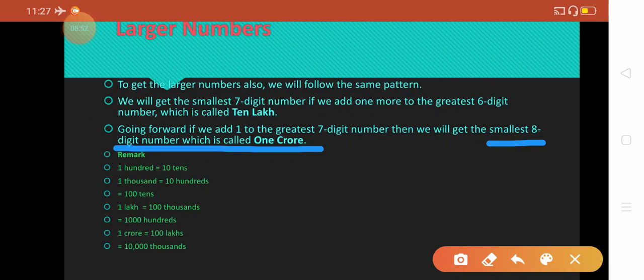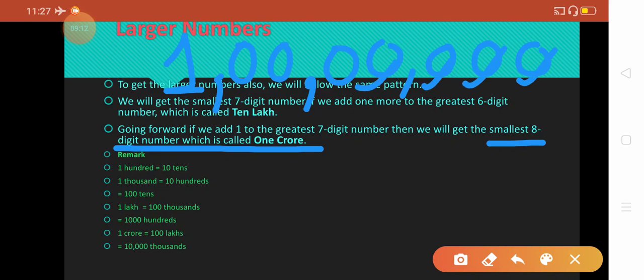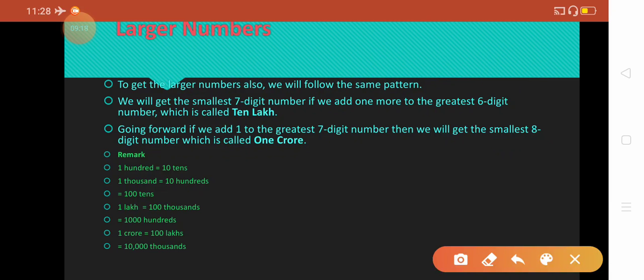So unit place, tens place, 100 place, 1000, 10,000, lakh, 10 lakh, and this is your 1 crore. Count the places: 1 2 3 4 5 6 7 8. How many places are there? 8 places. So this is the smallest 8 digit number.